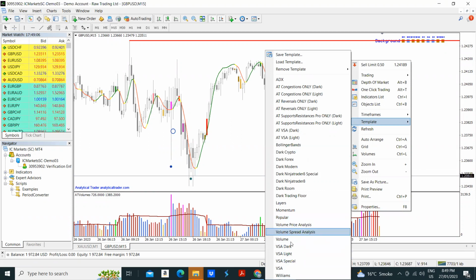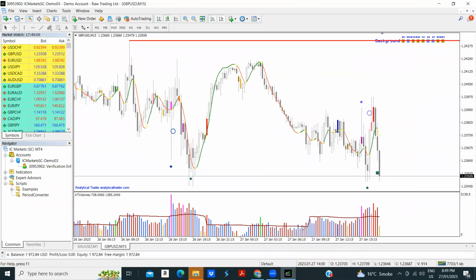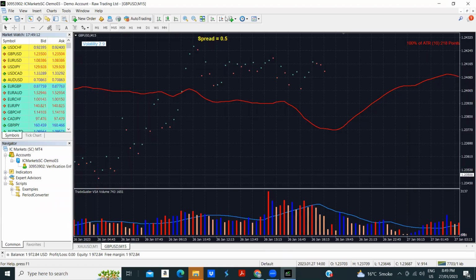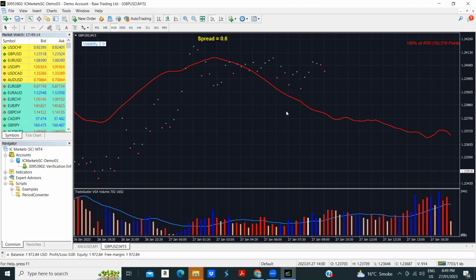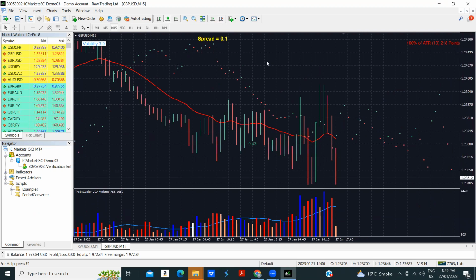I'm trying to implement these bars over this. I think these bars will make things much better. These HLC bars.